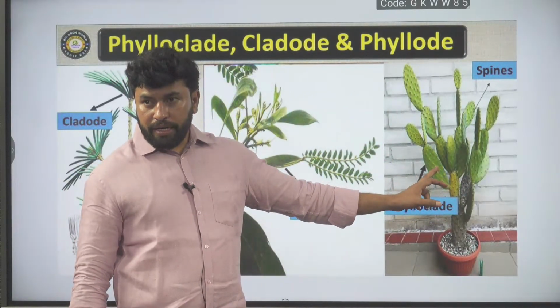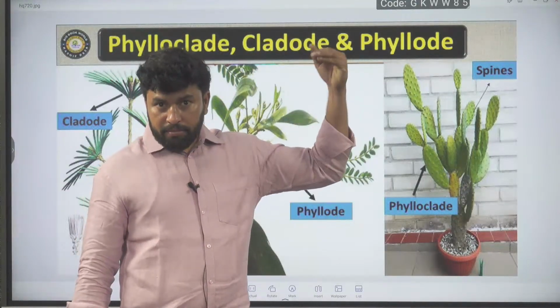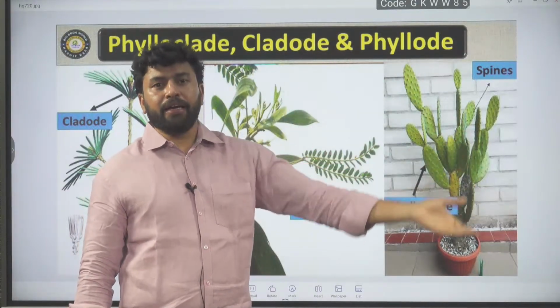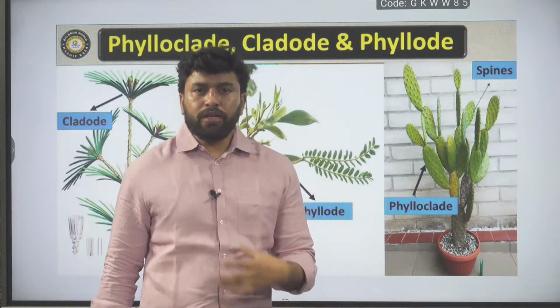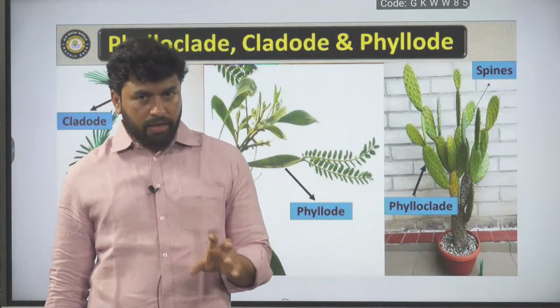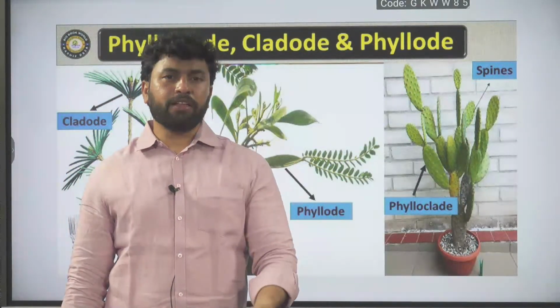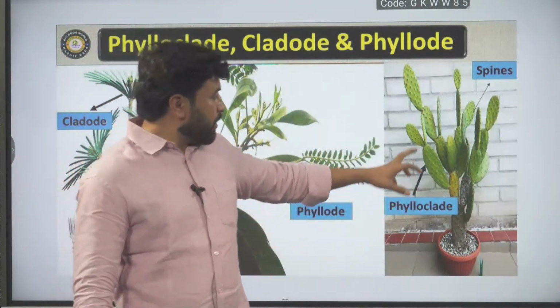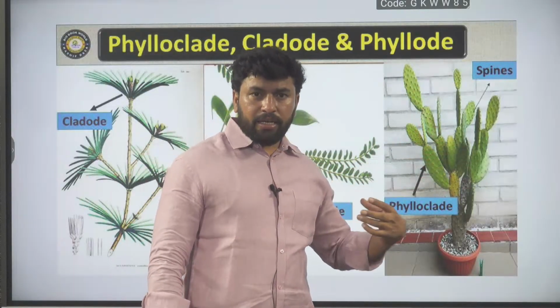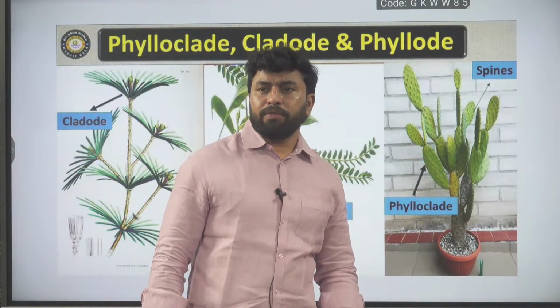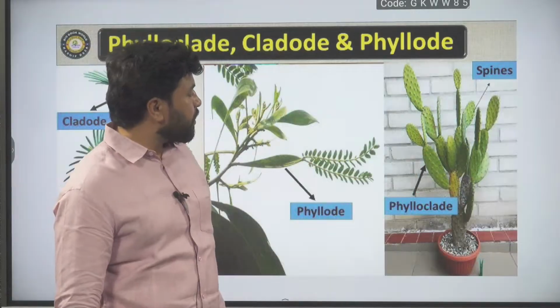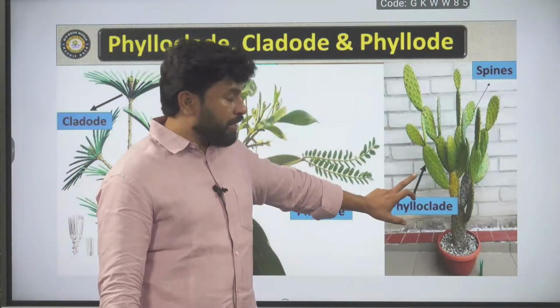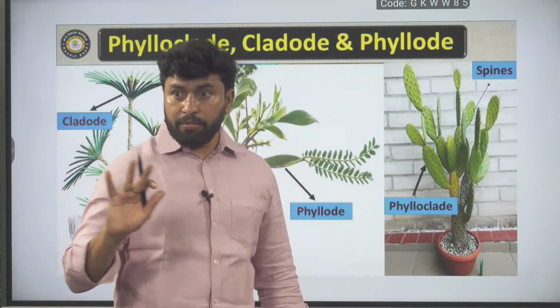Next, let us see phylloclade. In the phylloclade variety, the stem appears like a leaf. Actually, the leaves have fallen or are modified in the form of spines, and the entire stem becomes green and ready to perform photosynthesis. This phenomenon is called phylloclade. There are three different modifications.